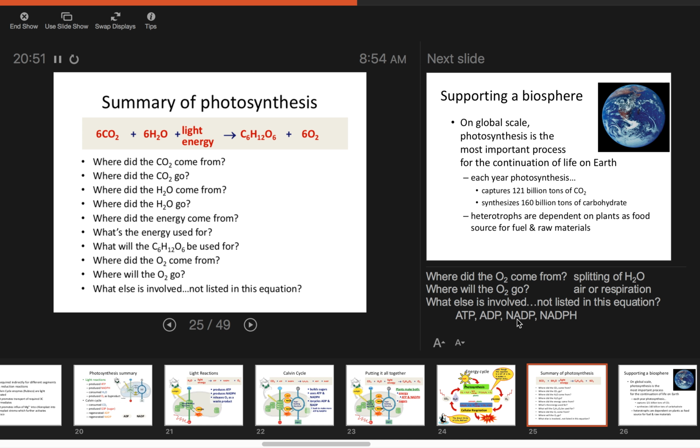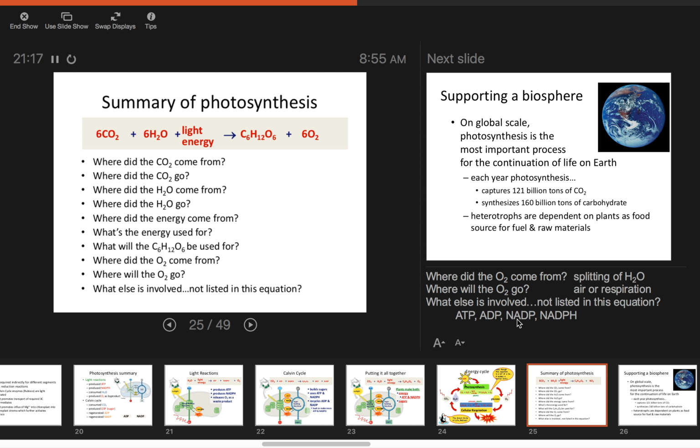What else is involved? And it's not listed in this equation at all. The NADP+. Yep. Which is reduced into NADPH, and then what else? ATP. Yep. Wait, so in the end it's given off as NADPH and then ATP. It's not the NADP+, like in the end of all of it.